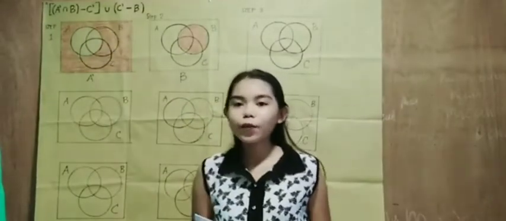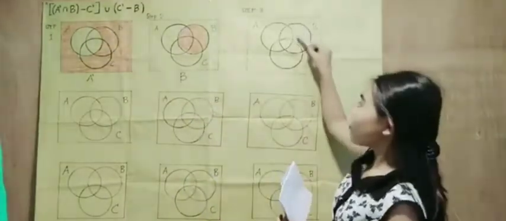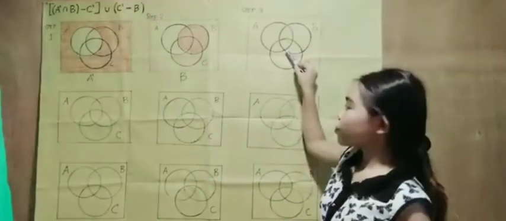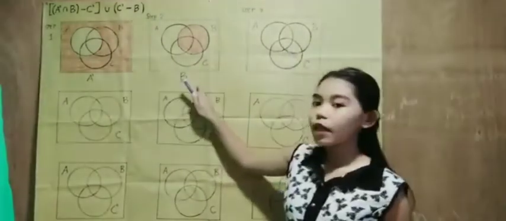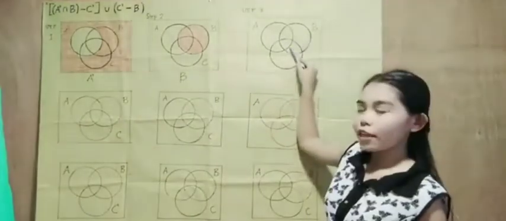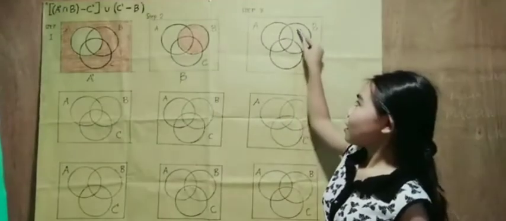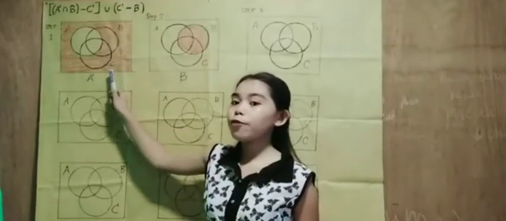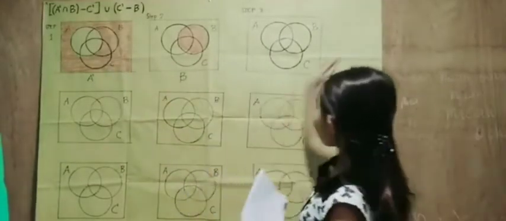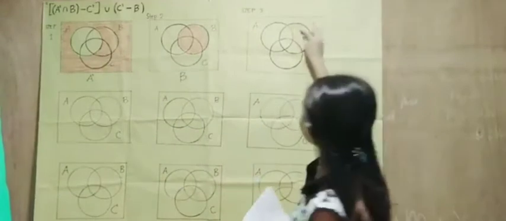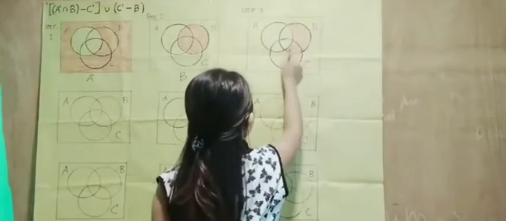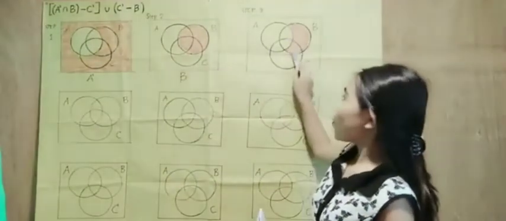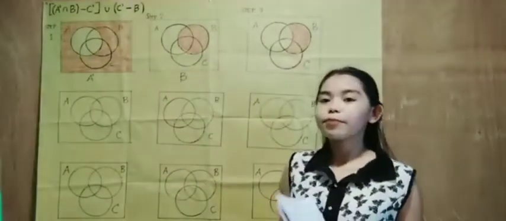So for that, we need to shade here because this area is their similarities. So this is now our A prime intersect B.